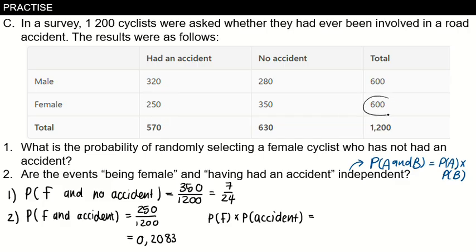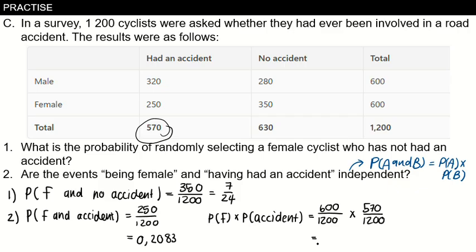The probability of being a female who has been interviewed is 600 over 1,200, and the probability of having an accident is 570 over 1,200. So we're not focusing on one single value. We are focusing on the probability of a female being interviewed and the probability of having had an accident, and those are those figures.